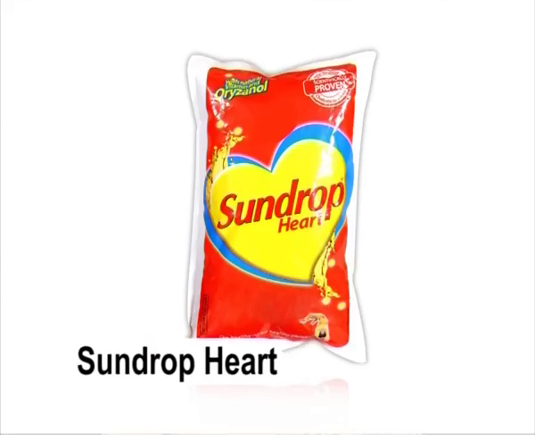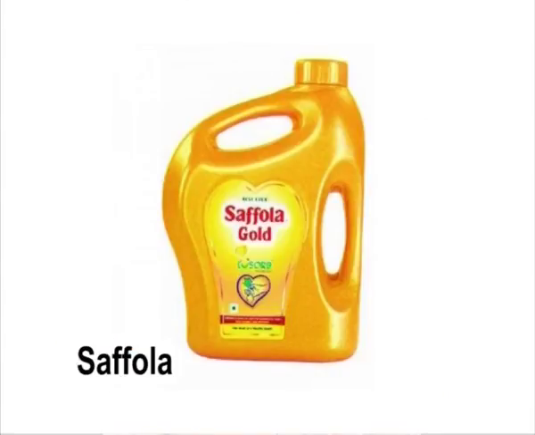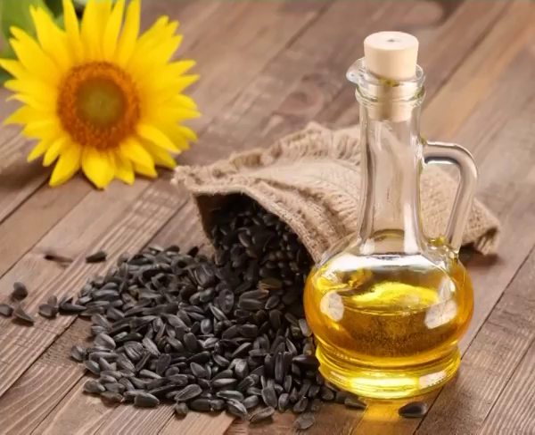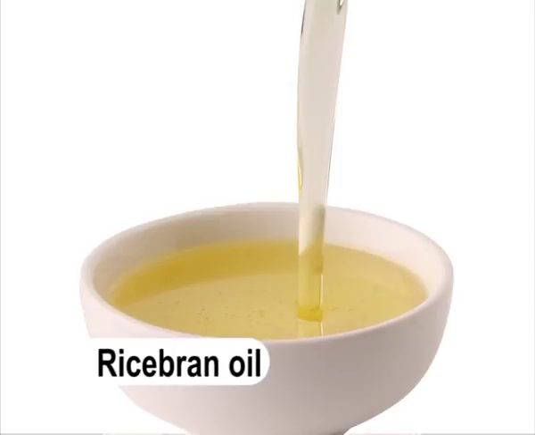The Sundrop Heart available in the market is a blend of sunflower and rice bran oils. Saffola has also started marketing sunflower and safflower refined oils blended with rice bran oil. Only recently, the Indian market too has started witnessing some brands of pure refined rice bran oil.